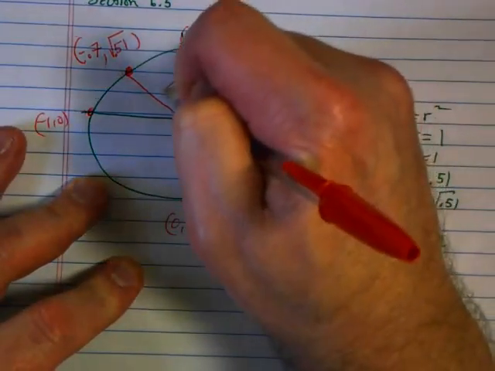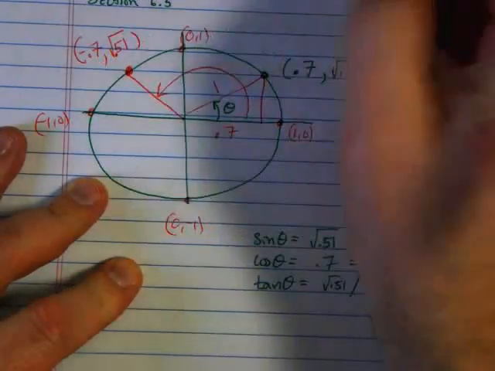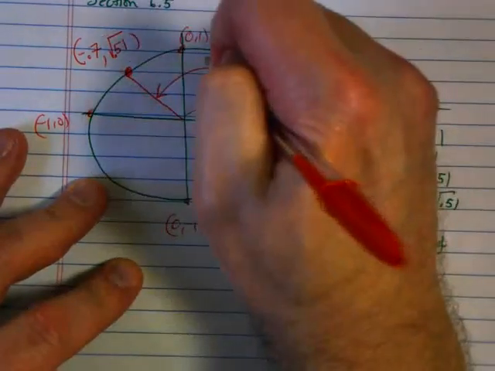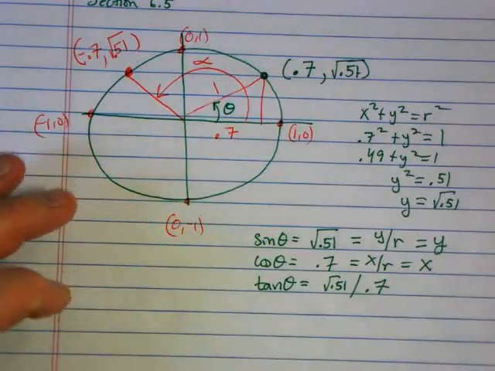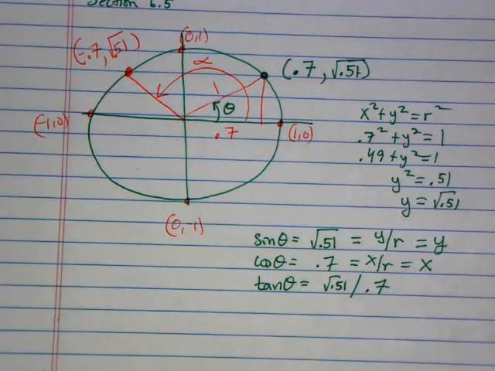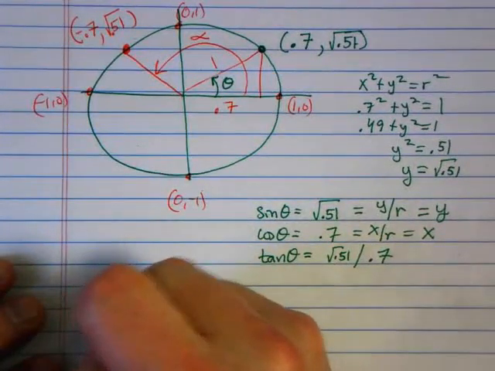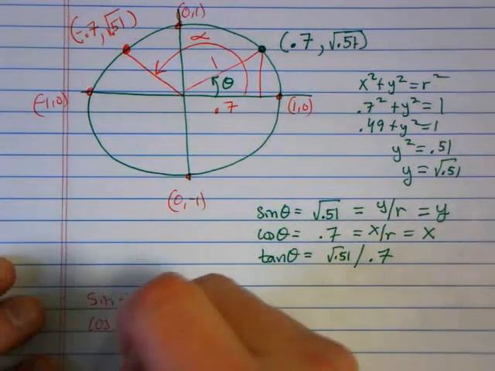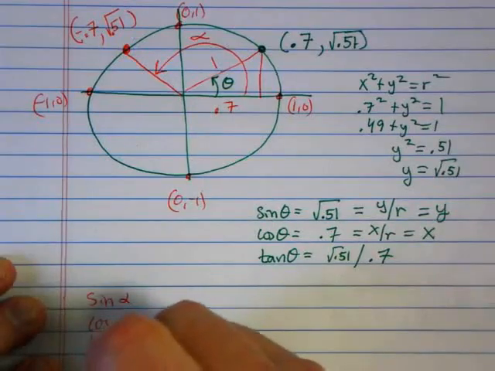I'm now going to draw this angle. This angle I'm going to call alpha. I want to know the sine of alpha, the cosine of alpha, and the tangent of alpha.